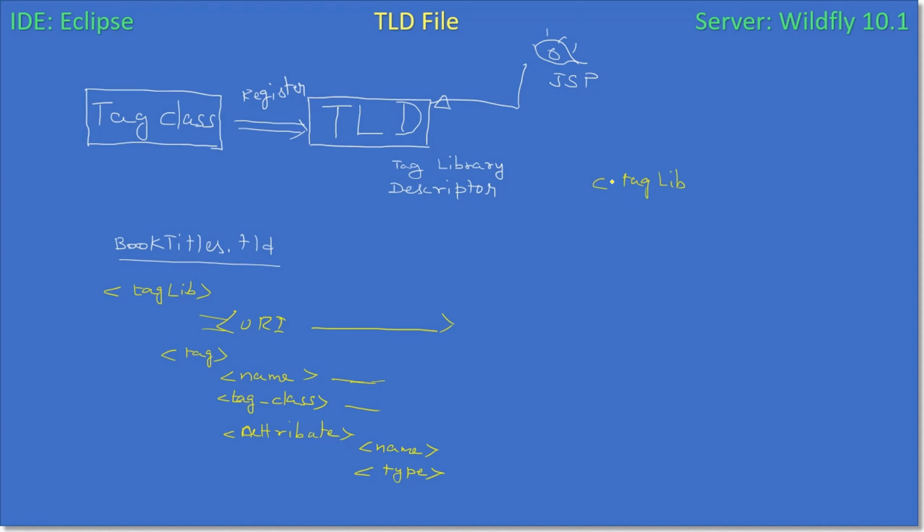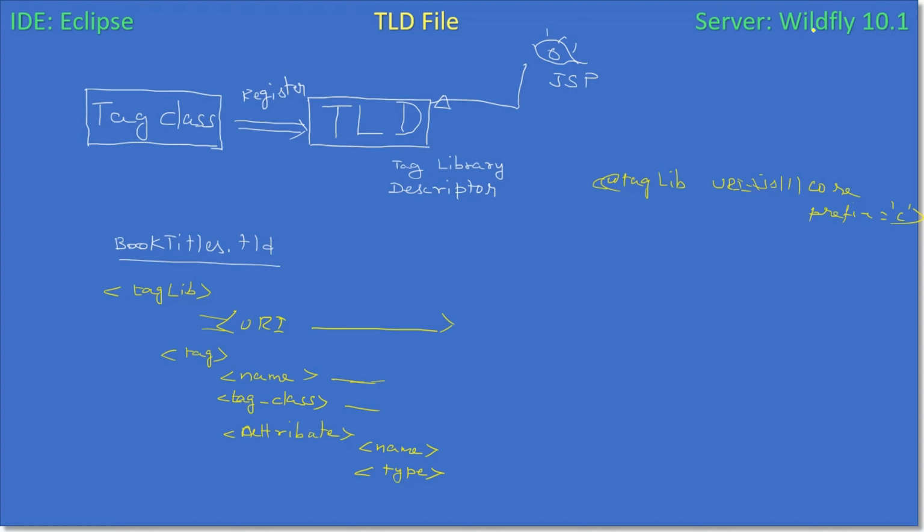We specify the taglib directive, of course, with the <%@ and all those. Then we will specify the URI equal to the JSTL core, then prefix c. This is how we use it, right? So this URI defines the tag library.